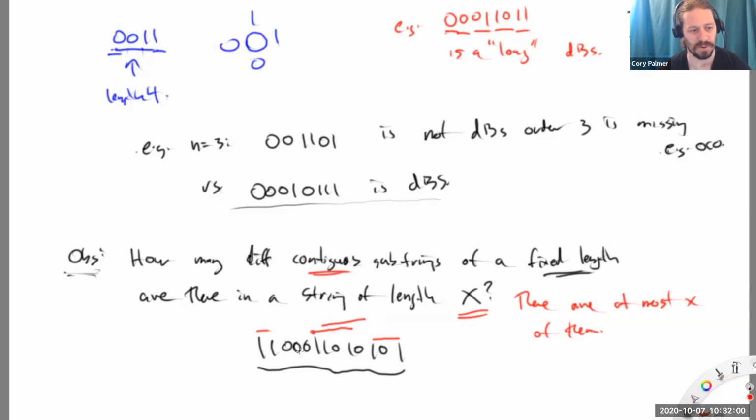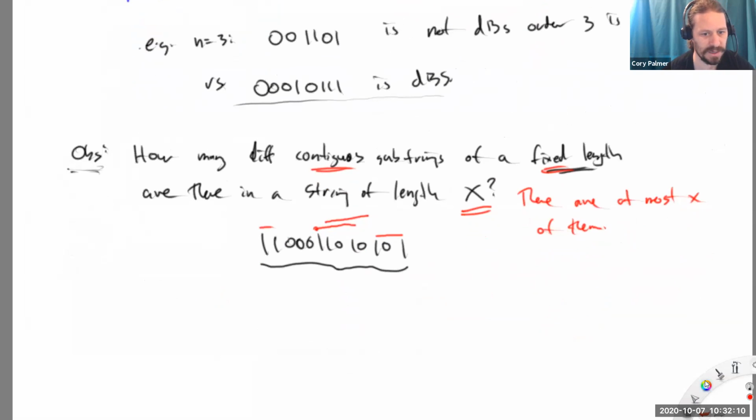Otherwise, it's just the number of ways of choosing this value, this fixed length. Okay, so that gives me the following lower bound, right? How many 0, 1 strings are there of length n? There are 2 to the n binary strings of length n.